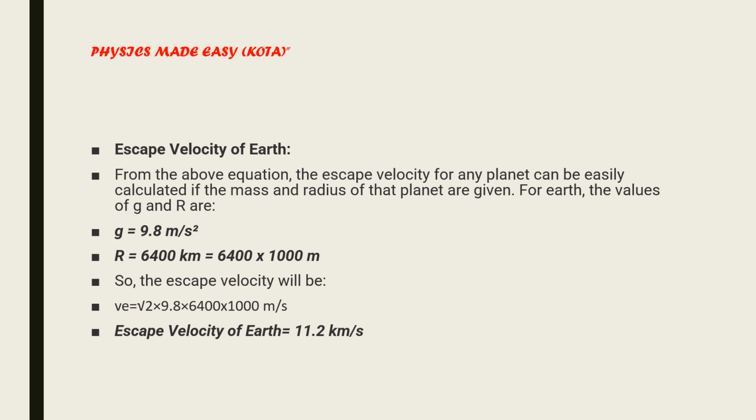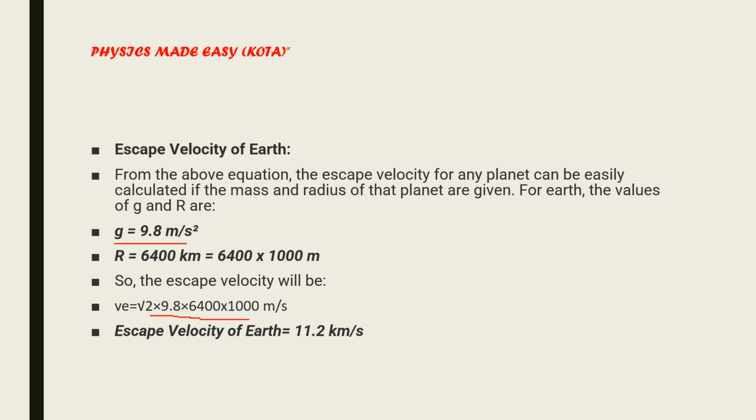As we know, the equation for the escape velocity is v is equal to under root of 2gR. We know the value of small g, that is acceleration due to gravity, is 9.8 meter per second squared. We are aware of the radius of Earth. So put both these values in the expression for the escape speed.